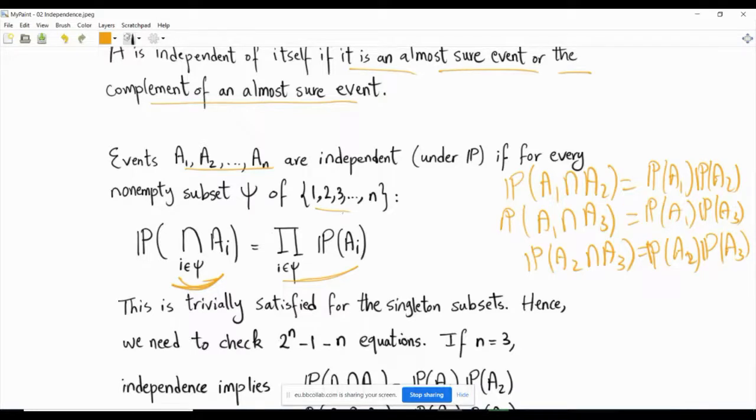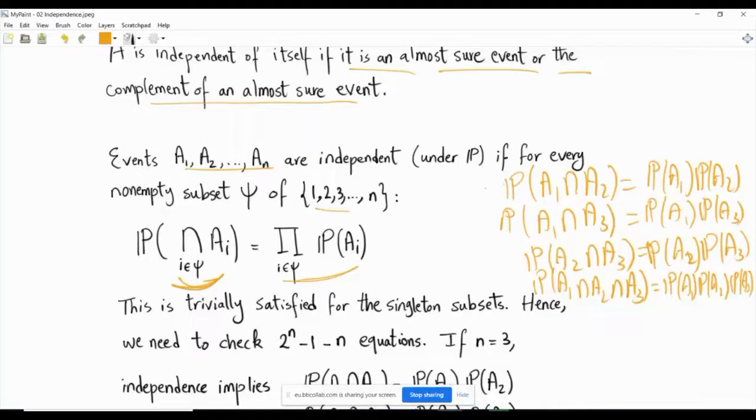Then we need also to take them 3 at a time. So the probability of A1 intersection A2 intersection A3 should be the probability of A1 times the probability of A2 times the probability of A3. Now, to say that A1, A2, A3 are independent, you need these 4 statements to be true. If 3 of those are true while the 4th one is not true, then A1, A2, and A3 are not independent.